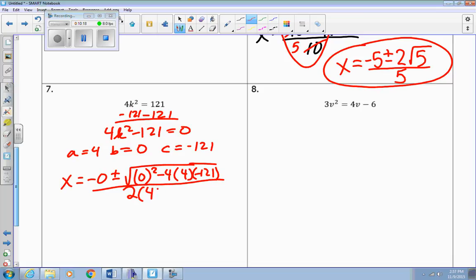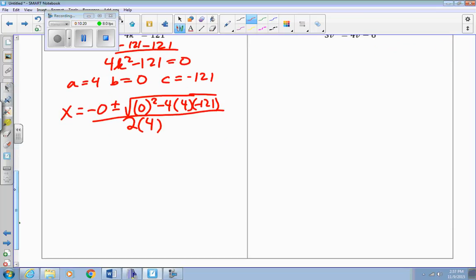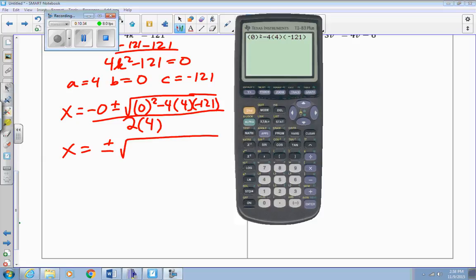Keep simplifying this. x equals the opposite of 0 is 0. 0 plus something or 0 minus something doesn't do anything, so let's drop the 0. Underneath the radical, put that into the calculator like every other problem. And enter. 1,936.